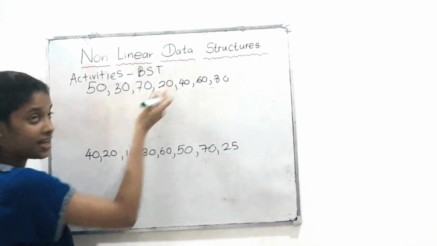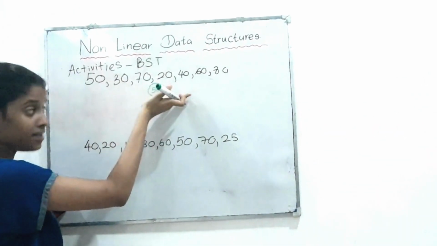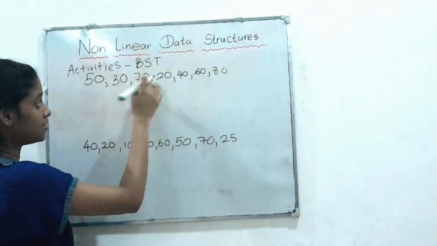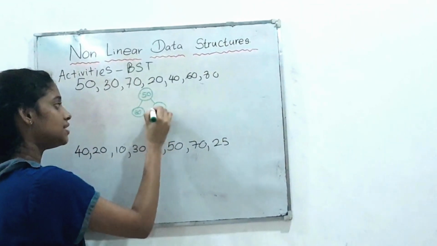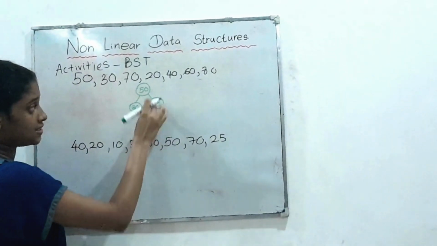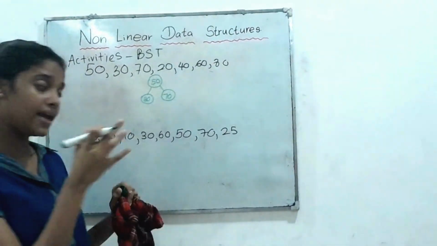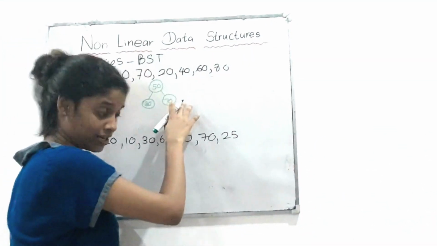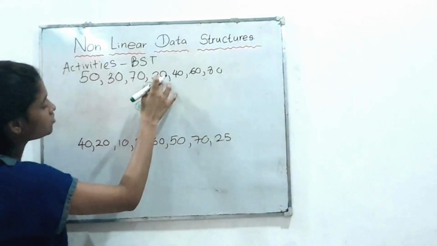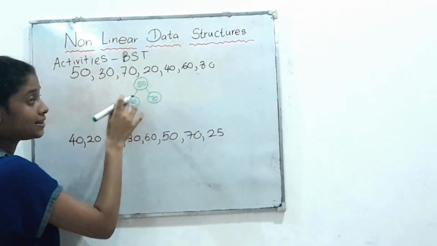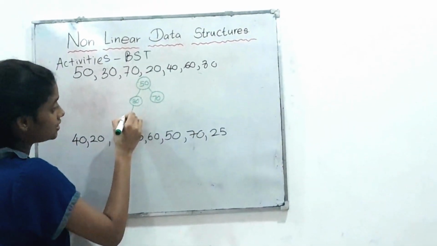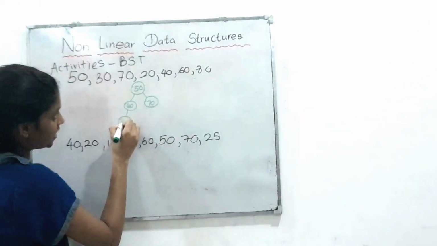We entered left side because 30 is less than 50. Next we have 70. Obviously 70 is larger than 50. So we entered it as right. Next we have 20. 20 is less than 30. So we added it into left side, right?